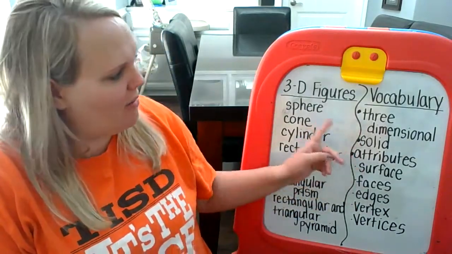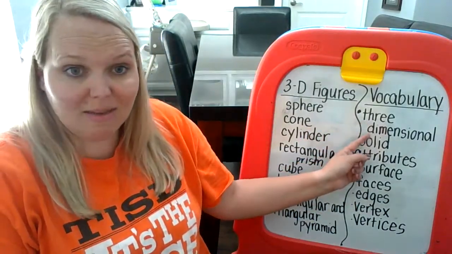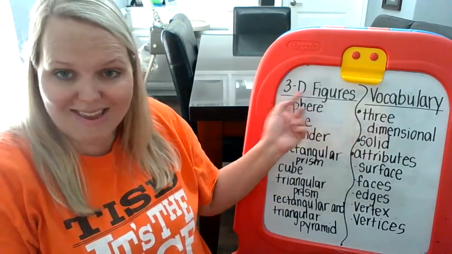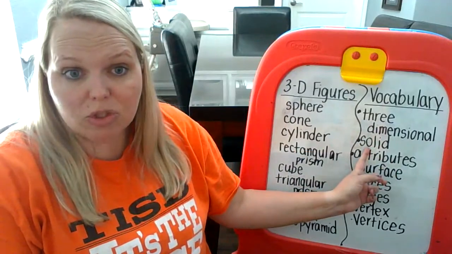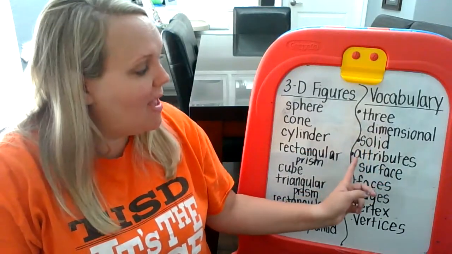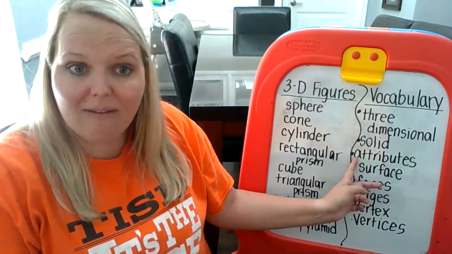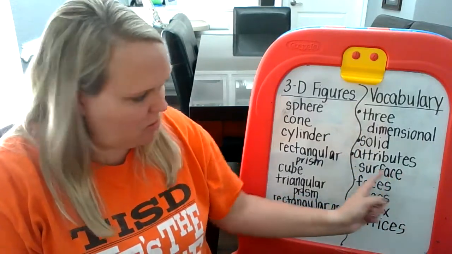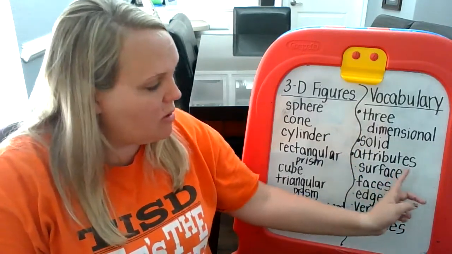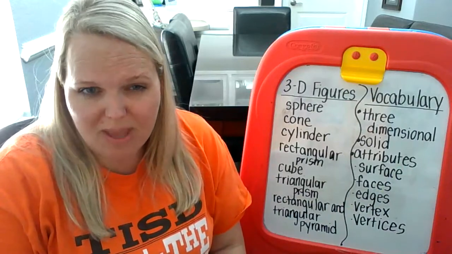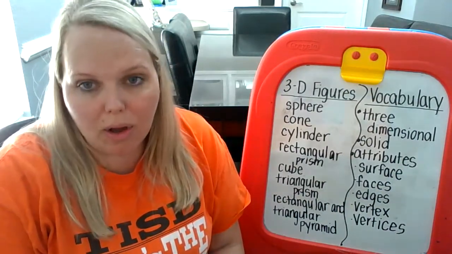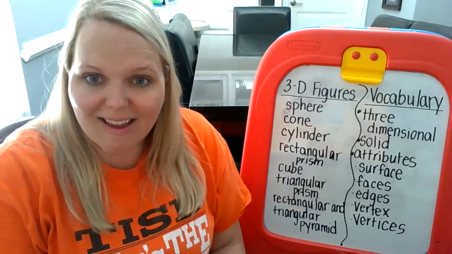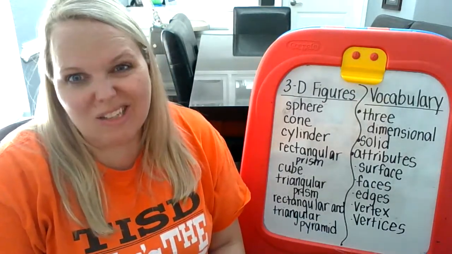All right, so our vocabulary is three-dimensional. Sometimes we write it 3D. And we also call these figures solid figures. Now, these shapes have different attributes. An attribute tells about the shape. So we cannot tell about a shape by its color or its size or how it feels, like its texture.